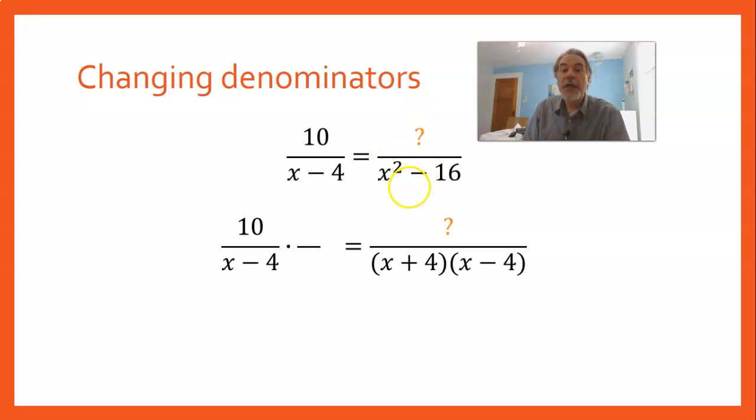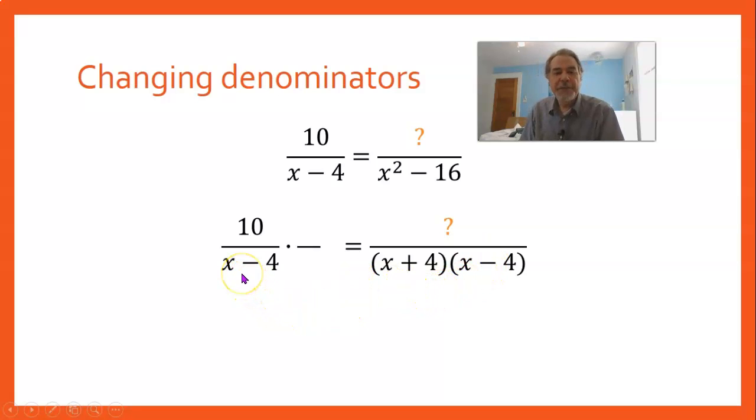That's one thing that's being squared minus another thing that's a perfect square. And we have a special factoring formula for that. X squared minus 4 squared factors into two factors that both start with x, both end with 4, but one of them has a plus and one of them has a minus.